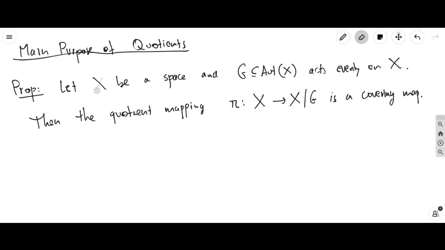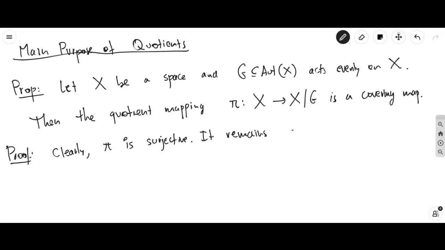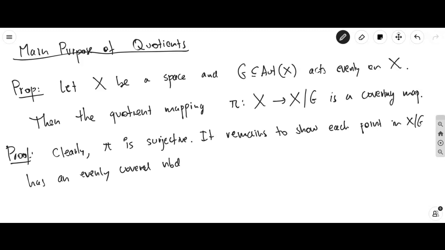So first of all, if X is a space with the properties that we are assuming, then X mod G is also a space with the properties that we are assuming. But furthermore, the quotient mapping is a covering map. Why is that? This is actually very easy to check. So as a proof, clearly pi is surjective. It remains to show that each point in X mod G has an evenly covered neighborhood.